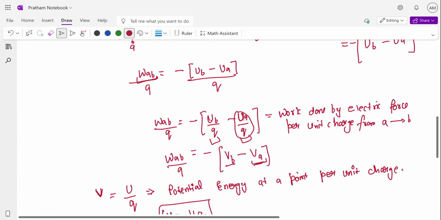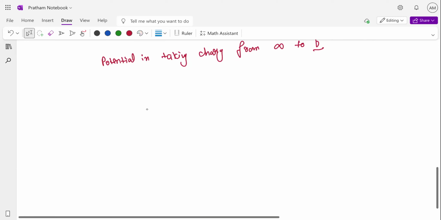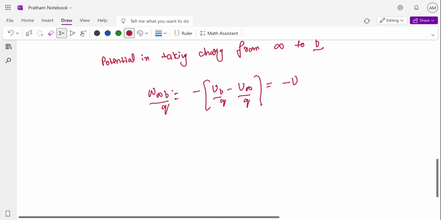What is the potential energy at this point, infinity? Because A is nothing but infinity. So can I say W from infinity to point B per unit charge is nothing but negative of UB by Q minus U infinity by Q. And this comes as zero minus UB by Q. So if you write this, it is nothing but V. So what is your potential at a particular point?